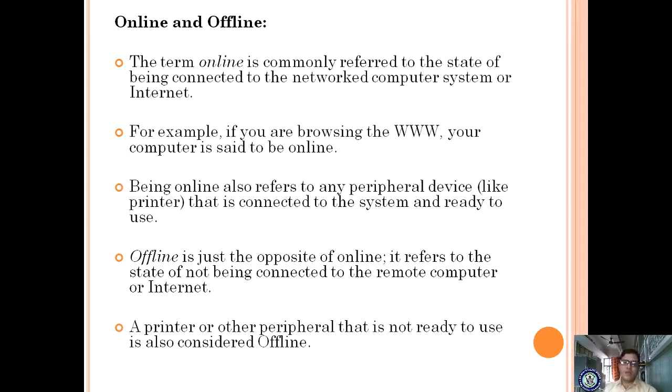Offline is just the opposite of online. It refers to the state of not being connected to a remote computer or the internet.